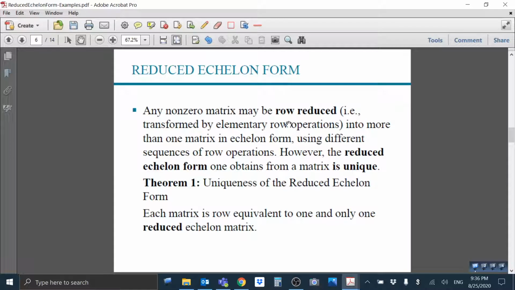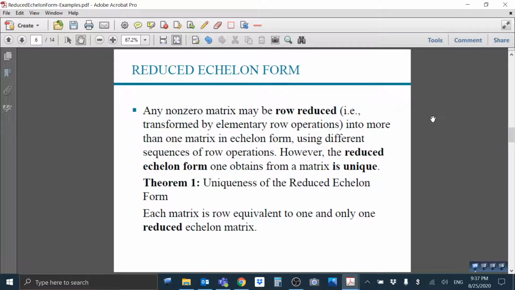So I start with my matrix, I apply elementary row operations, and I get different matrix, different matrix, different matrix. At some point, I will reach reduced echelon form. Well, that reduced echelon form is unique for each matrix. So reduced echelon form is something very special for a matrix.